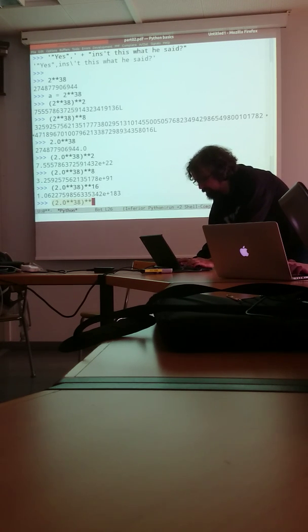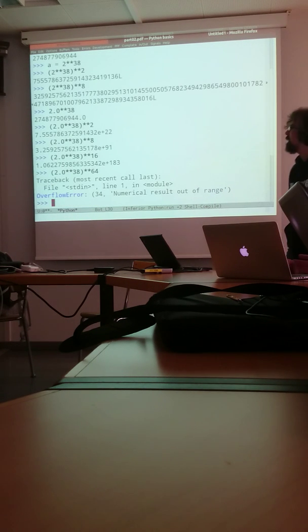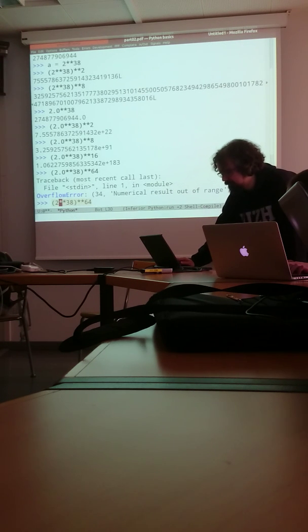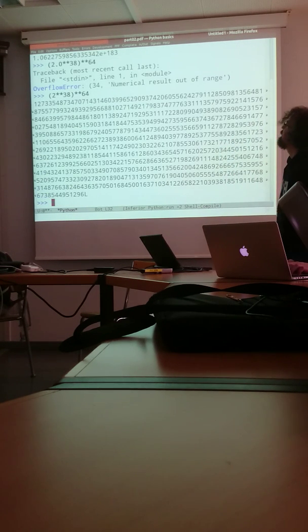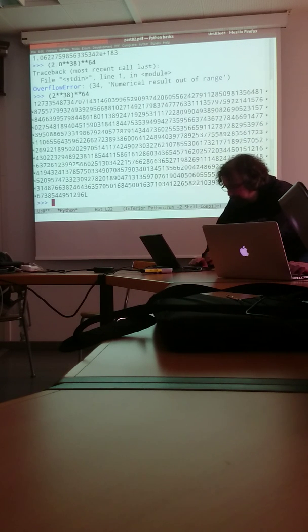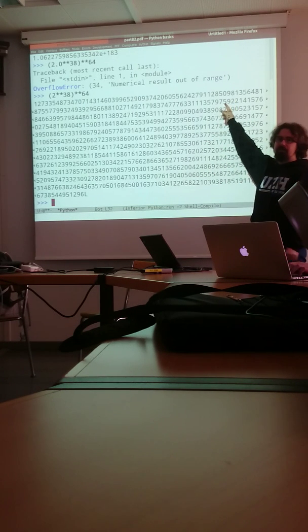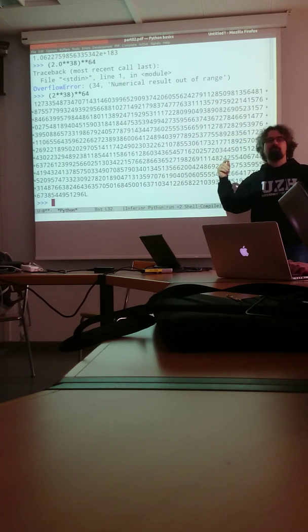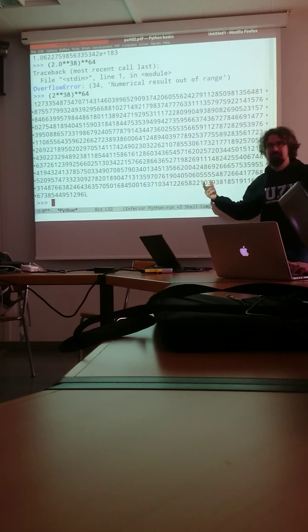And keep increasing. Okay, so this would be unreadable, but you see the difference. So floating point numbers never switch to a big number representation.